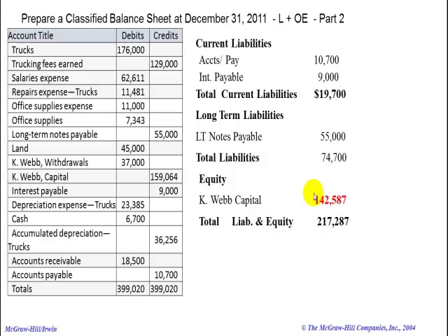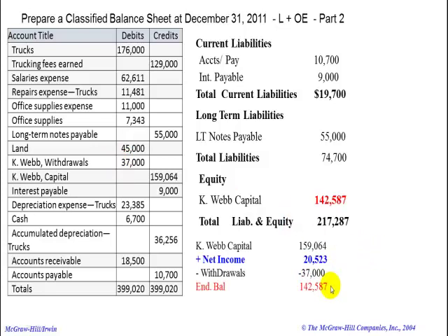Now, let's see, how did I come up with that shortcut of the capital? Well, what I did was I took the beginning capital balance of $159,064 and added net income, which again I took the truck fees earned minus all these expenses like repairs, supplies, depreciation, and maybe some more on there, and got net income of $20,523 minus withdrawals of $37,000, which are right here, to come up with ending balance of the capital account of $142,587.